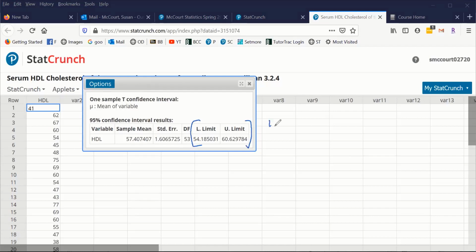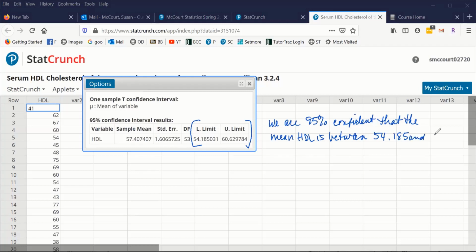So we are 95% confident that the mean HDL is between 54.185 and 60.630 when I round it.